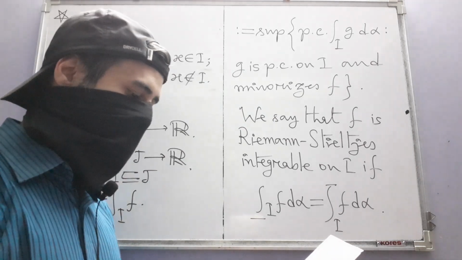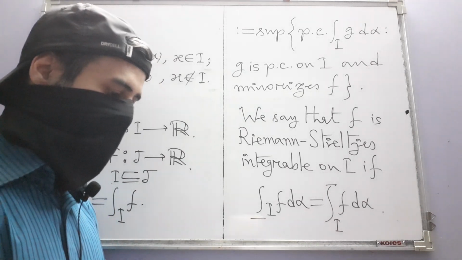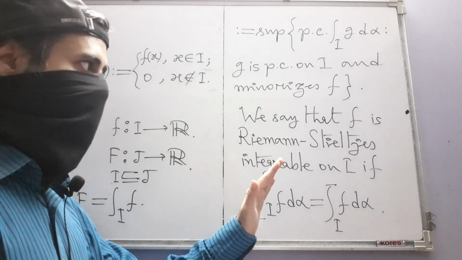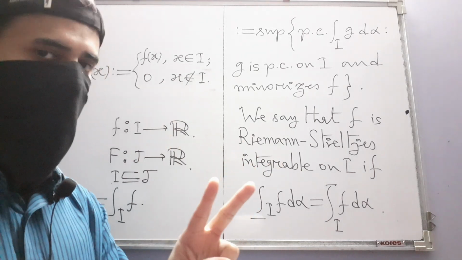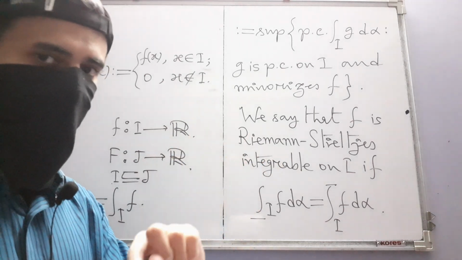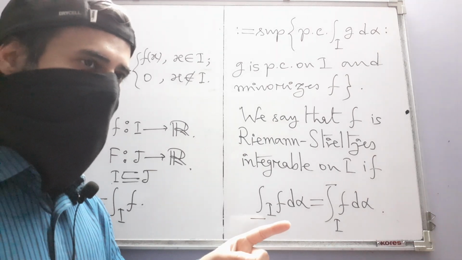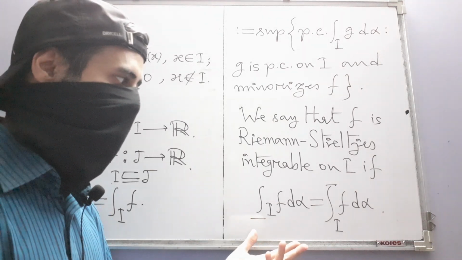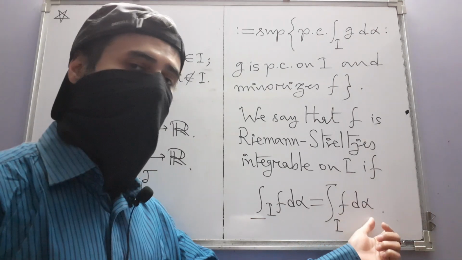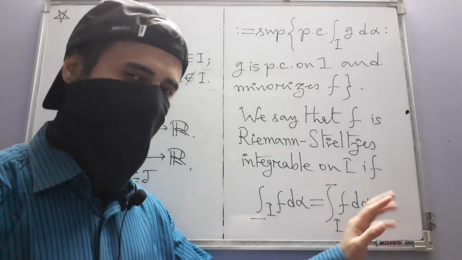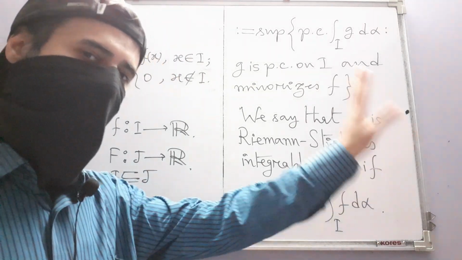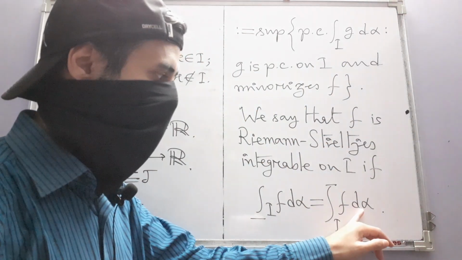And these results fail if our function alpha, do not forget that now we have two functions actually, f, the one you are integrating, and alpha, which in a sense you can say that we are integrating with respect to alpha, in a sense which will become clear only much later.